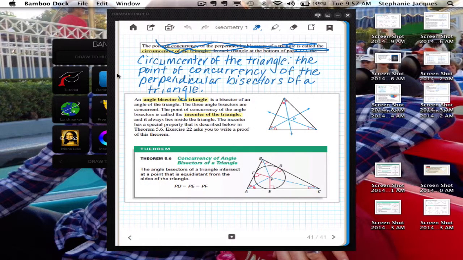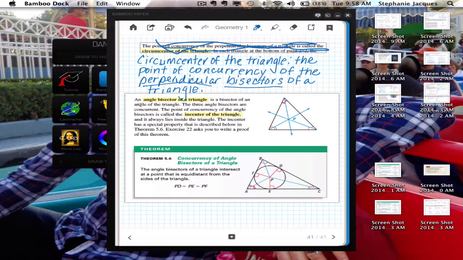The reason those are important is because we talk about finding the circumcenter of the triangle. The circumcenter of the triangle is the point of concurrency, so where all those lines meet, of the perpendicular bisectors of a triangle. So they have to be perpendicular bisectors in order to be the circumcenter of the triangle.